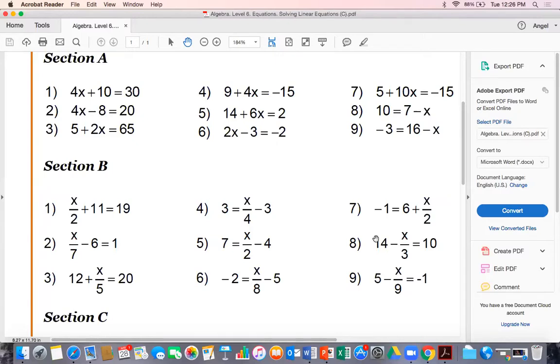Will you be posting this on a model that we have to do? No, this one do now. We have to just do 1 to 9 only, right? Section B. Teacher, is this going to be on that model?